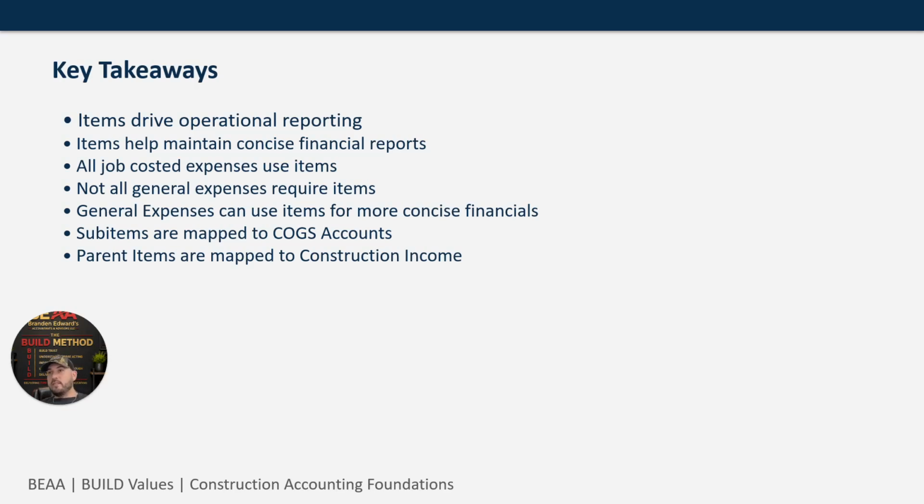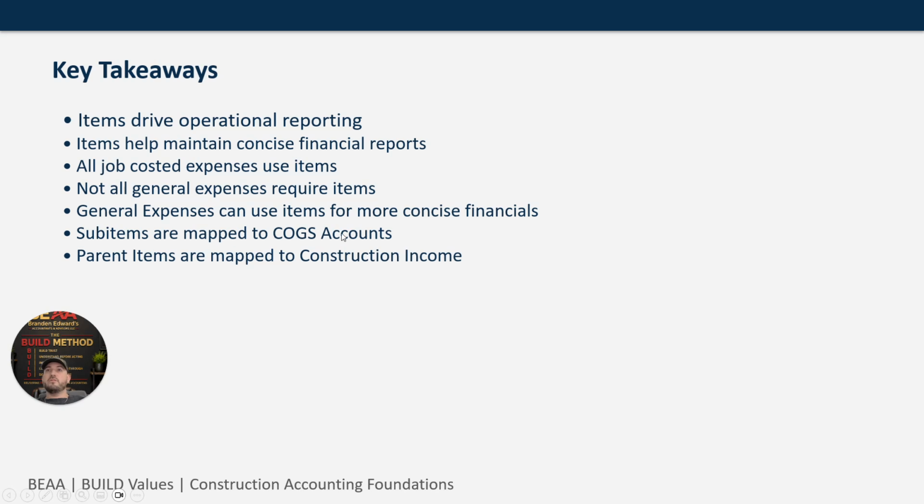And when we have the example of payroll, or when we get into clients that have a more complicated shop because they have a massive fleet, we're going to see ourselves using items for general administrative. However, general administrative does not exclusively use items, unlike job costed expenses that do. General expenses can use items for more concise financial statements, as we just described.